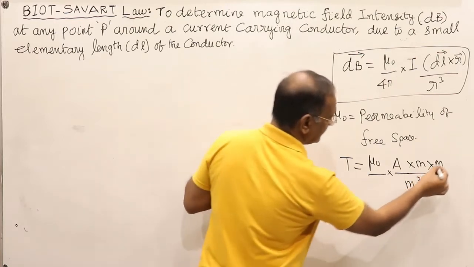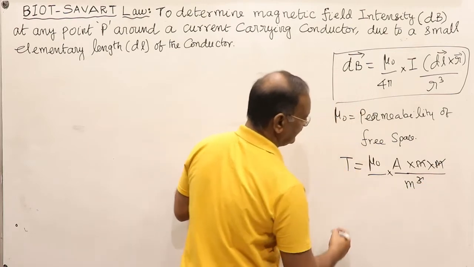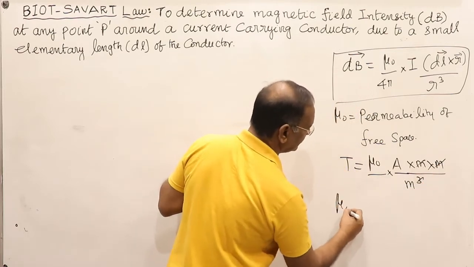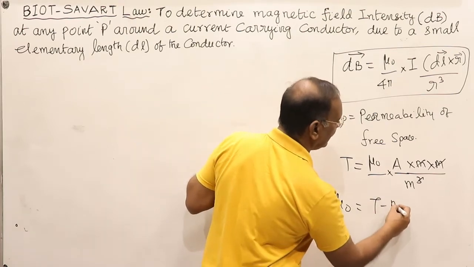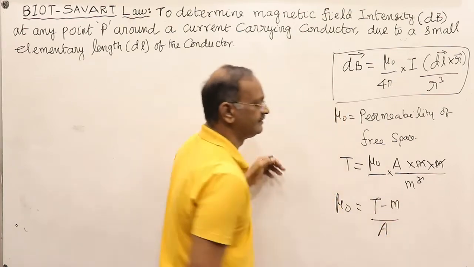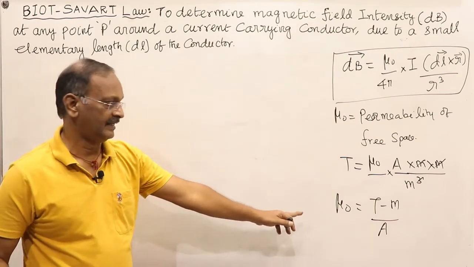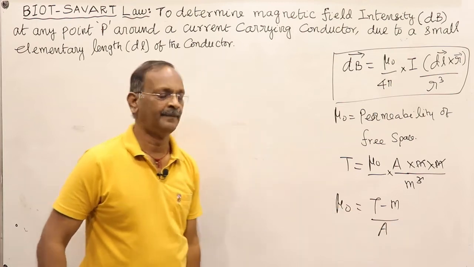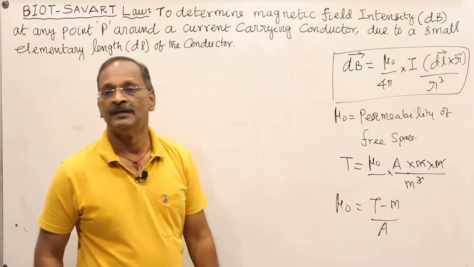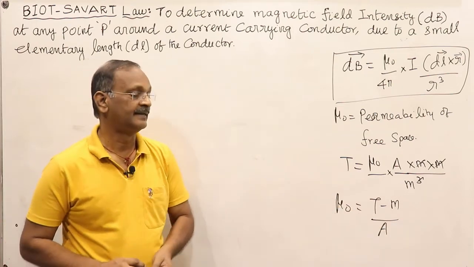This meter gets cancelled. So mu naught is equal to T m by A. T stands for Tesla, m stands for meter, A stands for ampere. This is the unit.